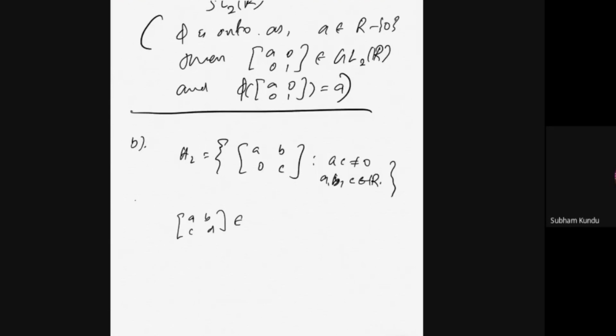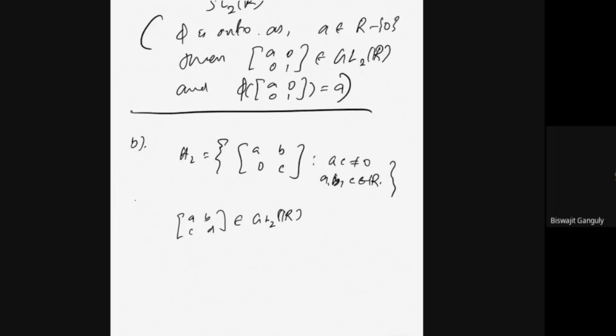Sir, I will speak in Hindi. Can you speak in English? Sir, my English is not very good. Yeah, I can. It's okay. You tell. Sir, we can choose arbitrarily a matrix ABCD from GL2R.